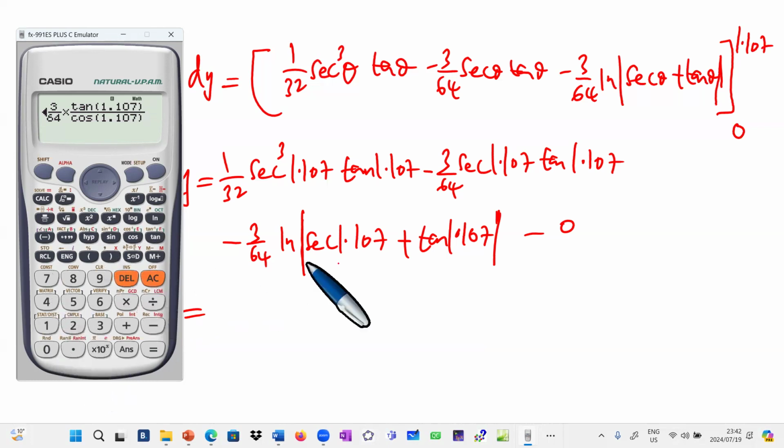Then we have minus 3 out of 64 times the natural log of the secant, which is 1 out of the cosine of 1.107. It is my hope that we can punch all these in, and then we'd have plus.